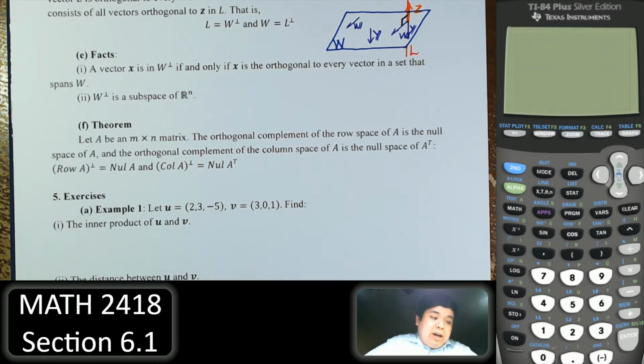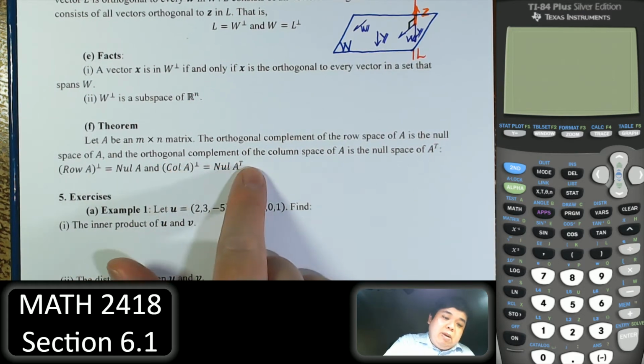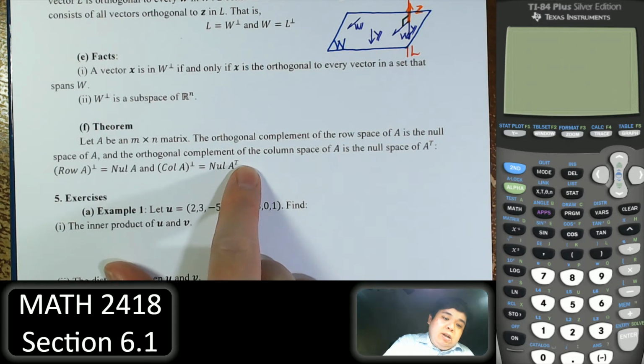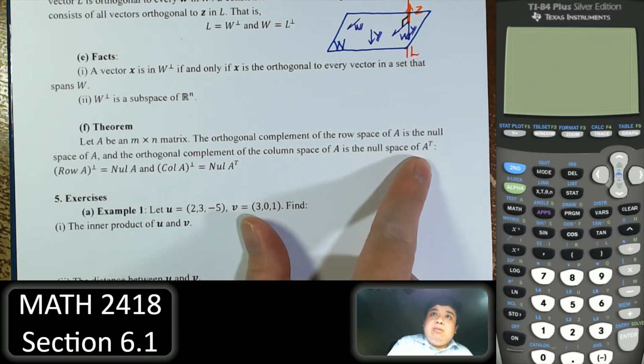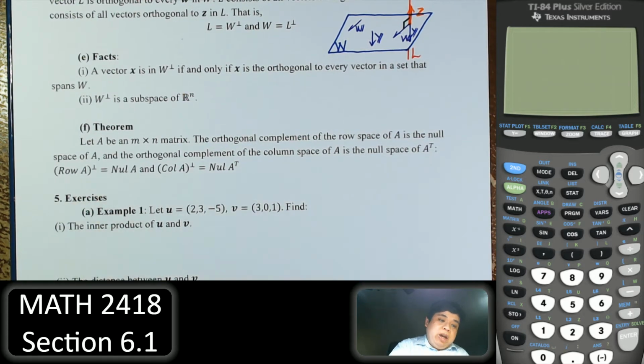Now this theorem: let A be an n by n matrix. The orthogonal complement of the row space of A is the null space of A. And the orthogonal complement of the column space is the null space of A transpose. So that's what we have here.